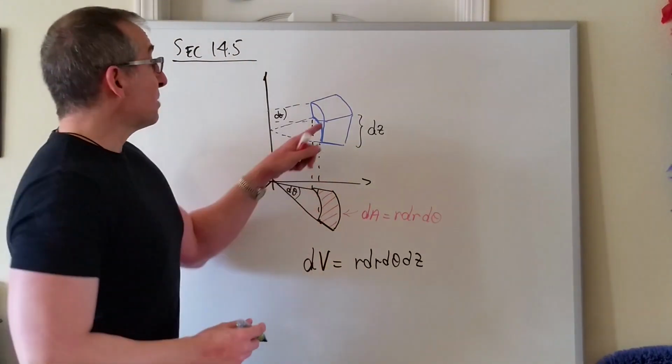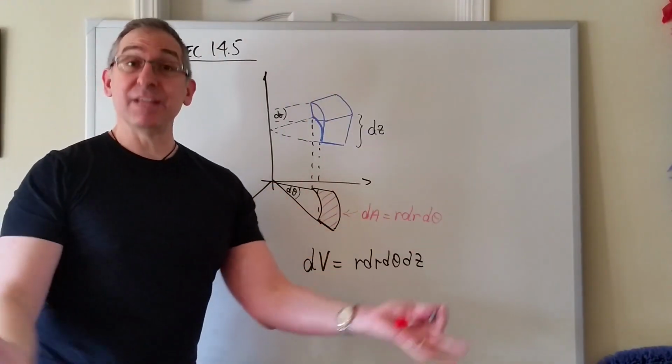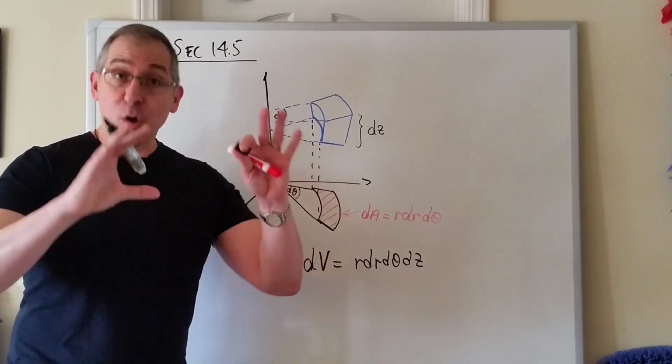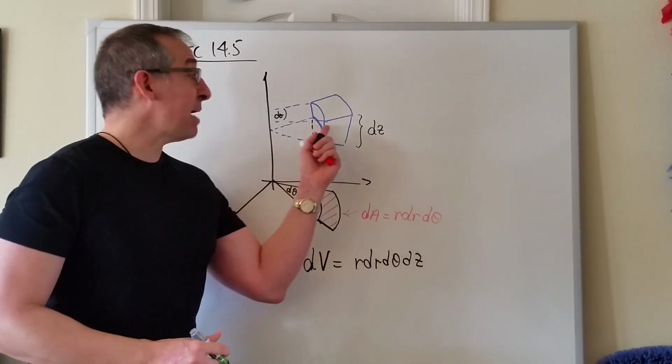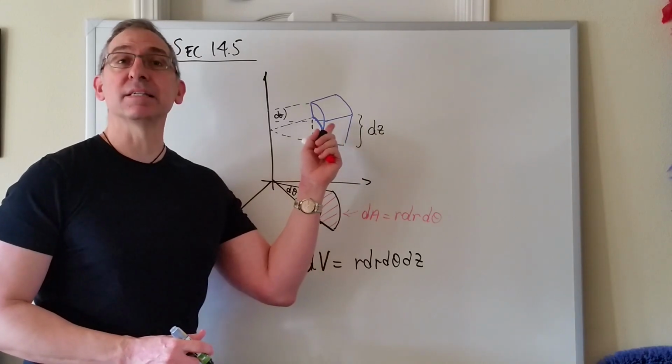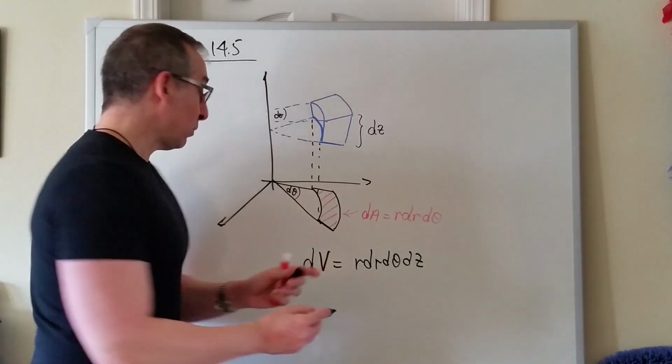Now, if you think of this block as making up an entire three-dimensional solid, then that whole solid would be made up of an infinite amount of these tiny little cylindrical pieces. So the overall volume would be equal to this.